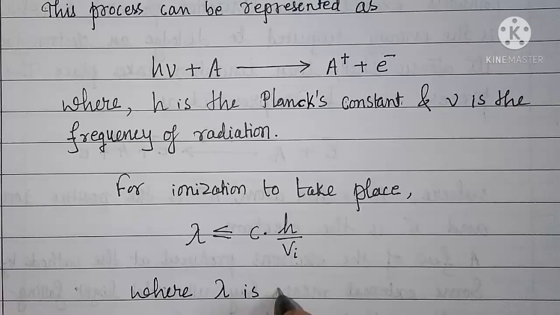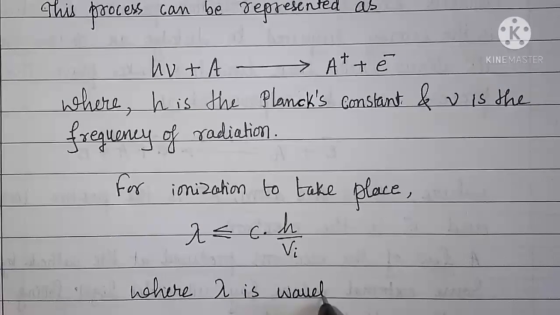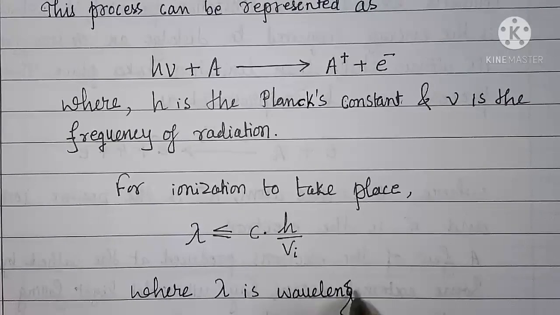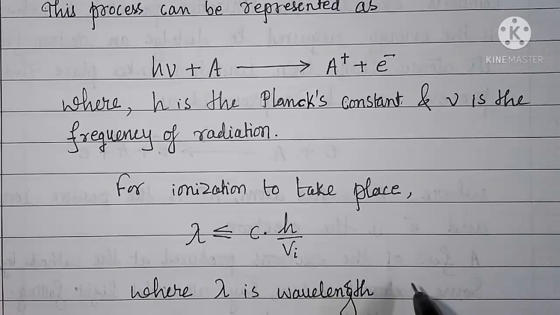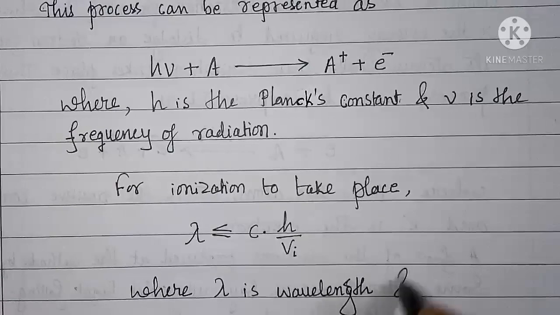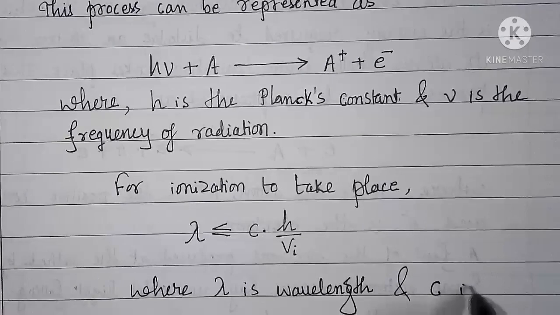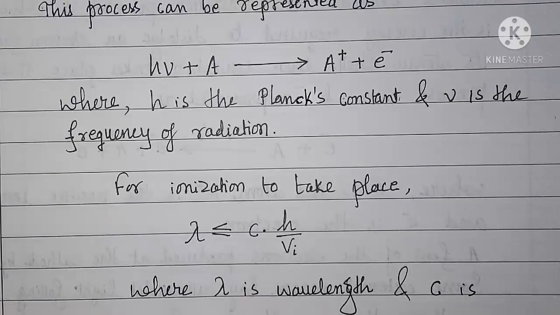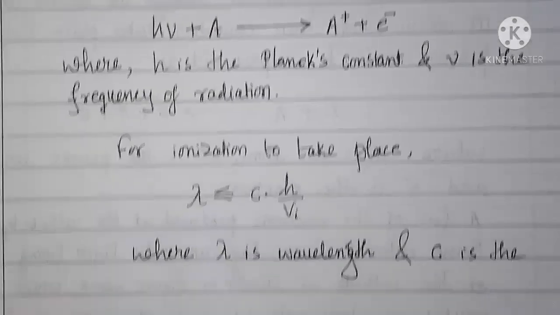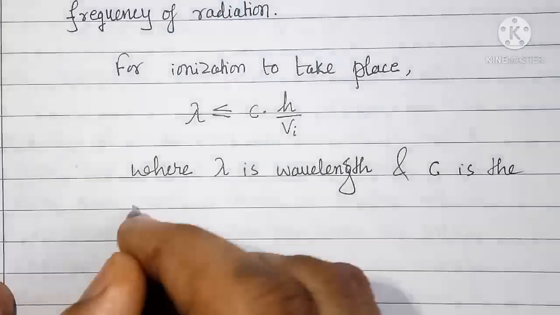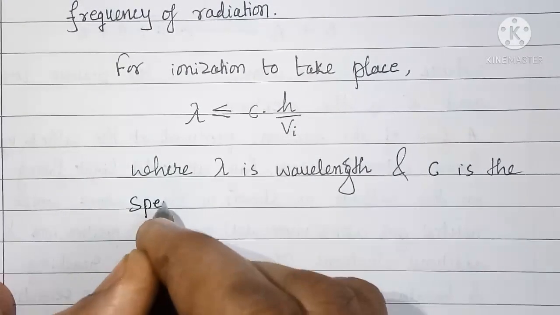Where lambda is wavelength and c is the speed of light.